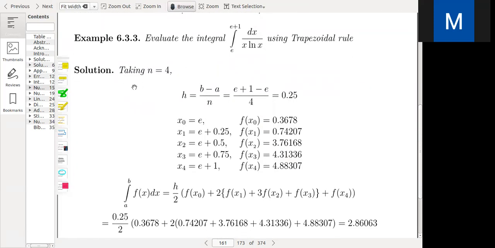And similarly, the next problem is calculated by the trapezoidal rule. Again we take 4 trapezia, and the step size is 0.25. So the initial point is e, and the next point is e plus 0.25, and the corresponding value of the function is calculated.